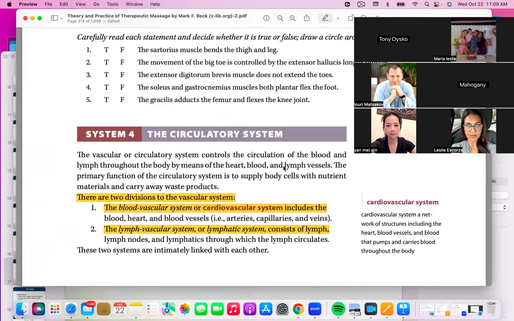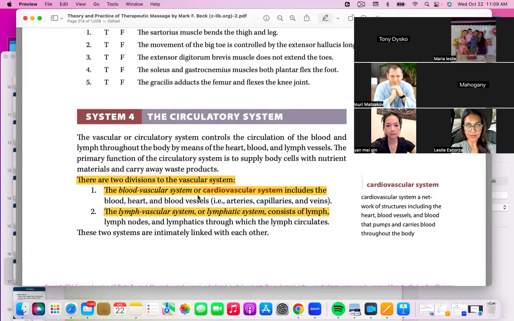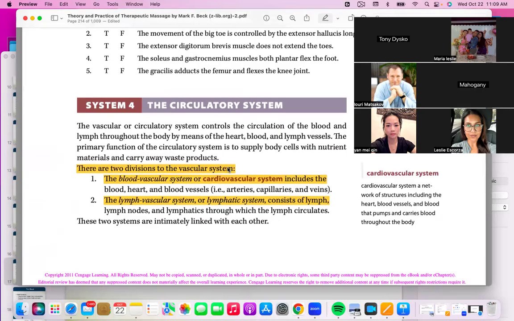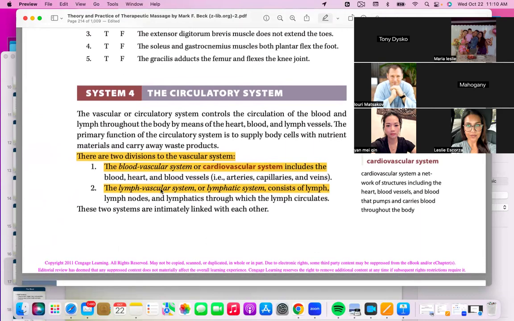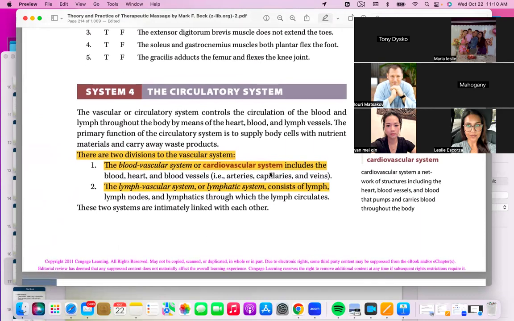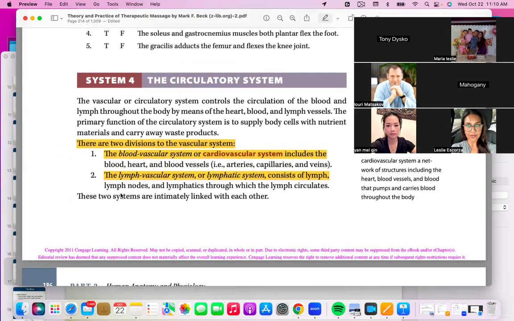Okay, the circulatory system has two main divisions of the vascular system. We have the blood vascular system, the cardiovascular system, which includes the heart, the blood, and the blood vessels we just talked about. Our next part is going to be about describing the lymph vascular system, the lymph system itself, and the nodes, the lymphatics, and all the other organs.